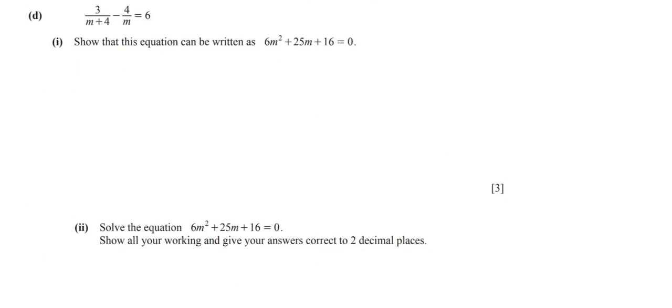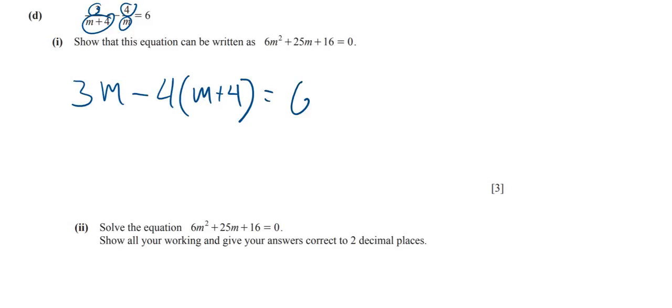This one, you had to have some type of cross multiplying here. So m times the 3 gives us 3m, minus m plus 4 times 4 gives us this. And then we have to do 6 times both of those: 6m times m plus 4.